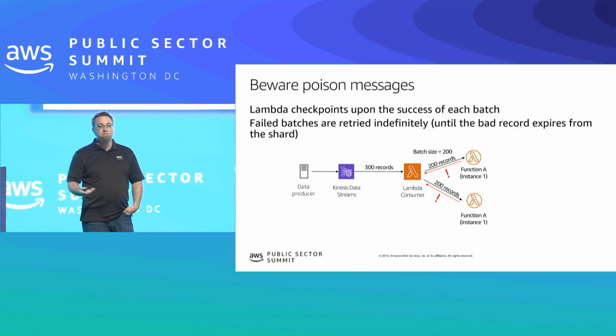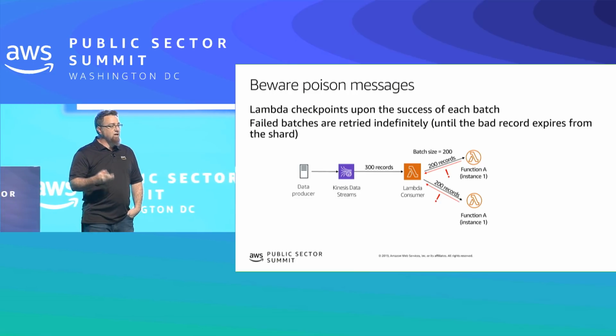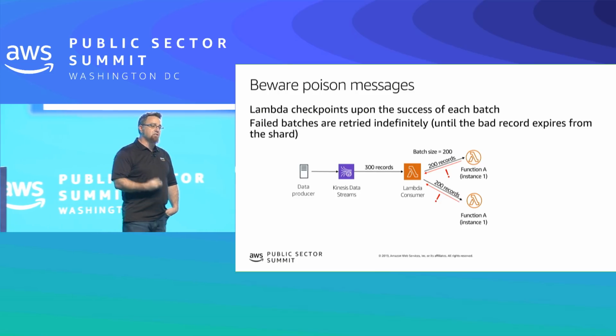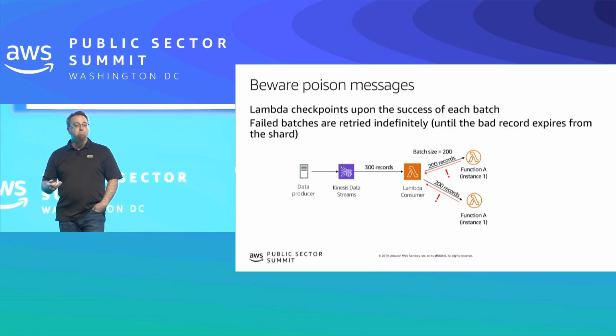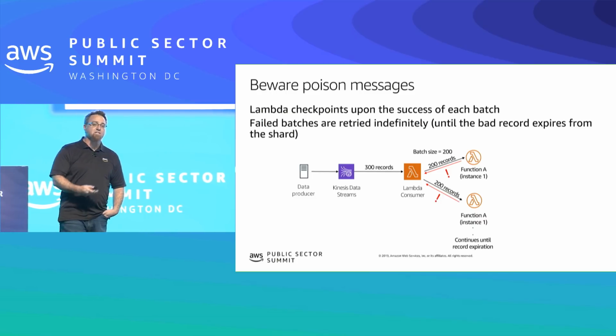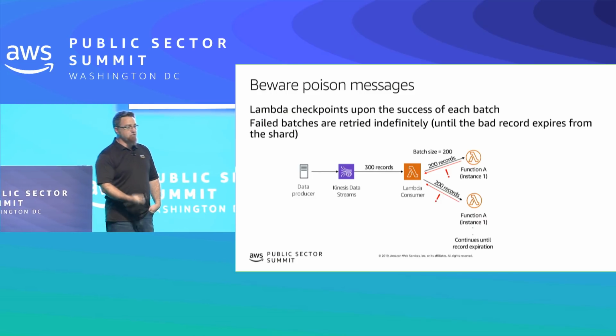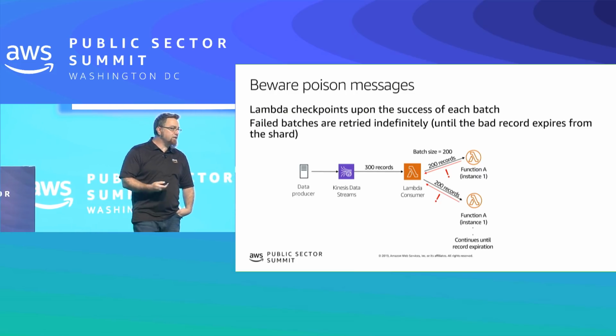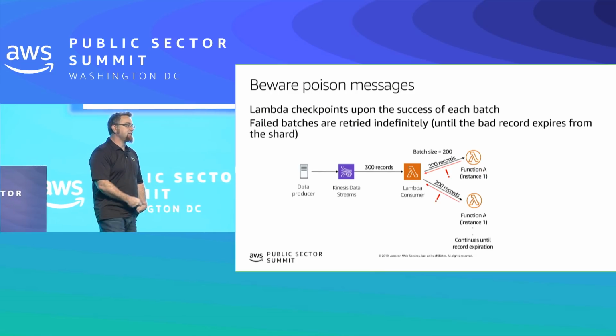It's going to have that poison pill message. So you're really going to want to be aware of how that Lambda function, how that Kinesis consumer is processing those messages. And that will continue on until that message expires out of the data stream, which would be anywhere from the 24-hour period, that is the default for Kinesis data streams, up to 7 days.